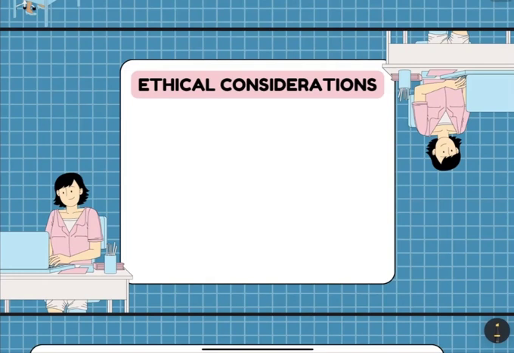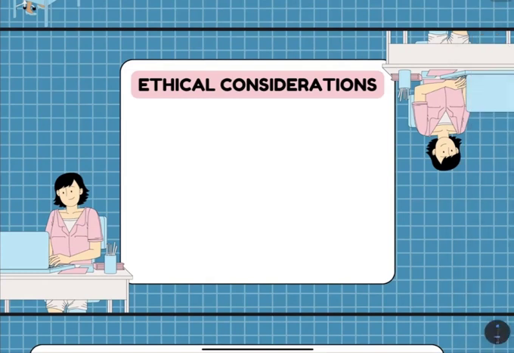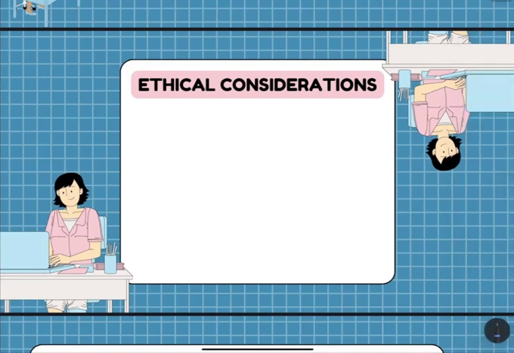So here are the important considerations. I want you to take note of these crucial considerations in ensuring that your data collection and your entire research process is ethical. Let's begin with, of course, the procurement of our informed consent.